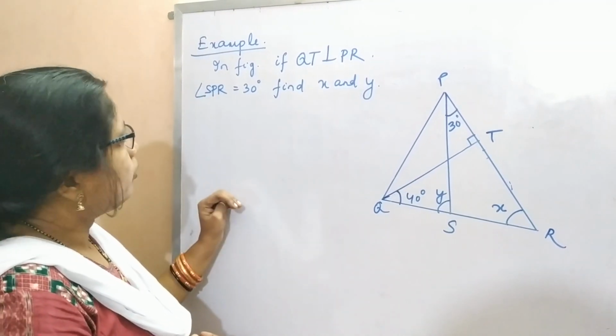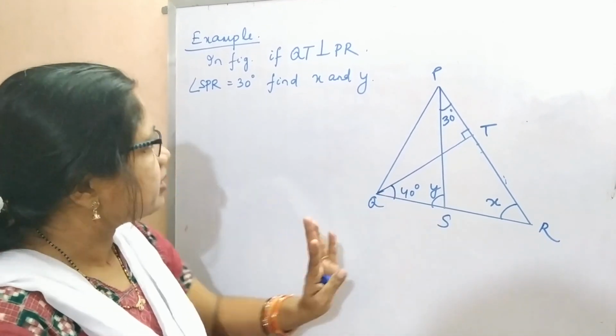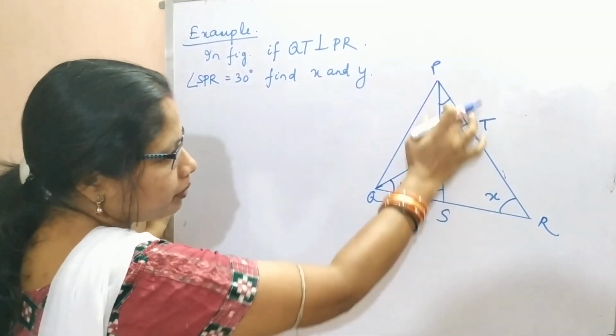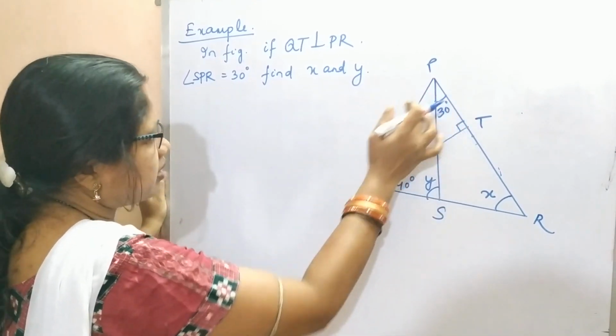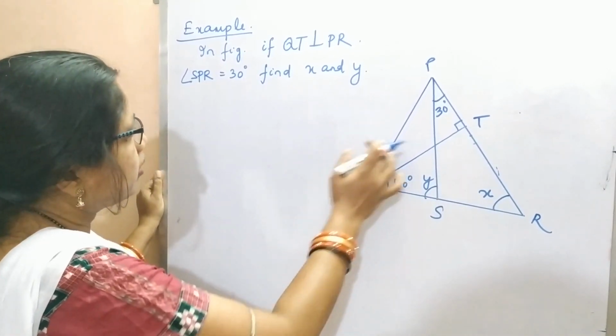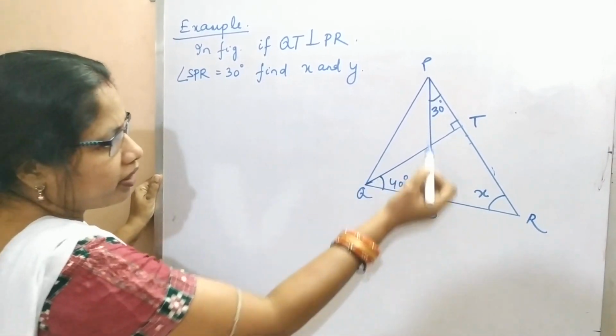Take an example. In this figure, PQR is a triangle and QT is perpendicular to PR, and angle SPR is 30 degrees. Then TQR is 40 degrees. Then find X and Y. So look at the figure.